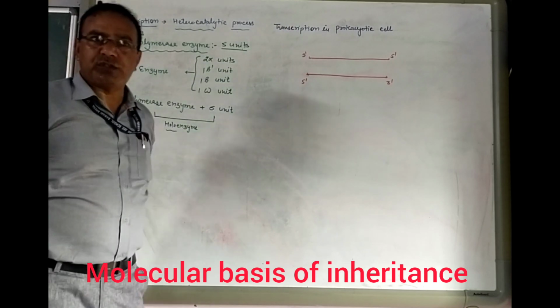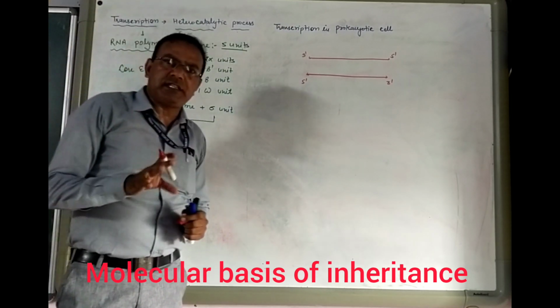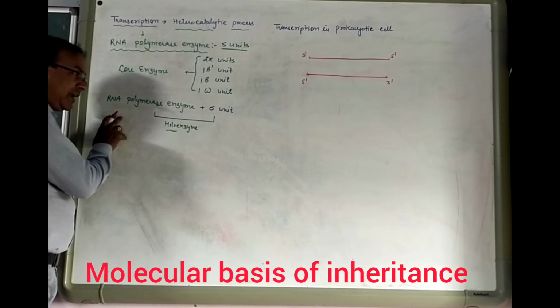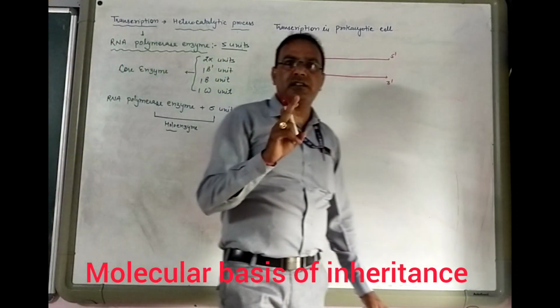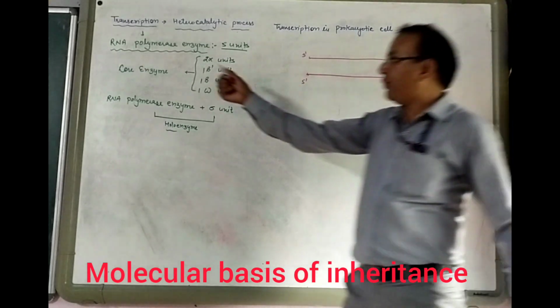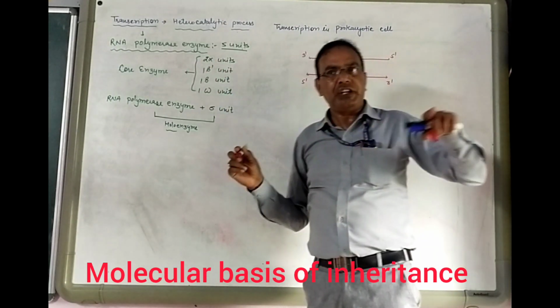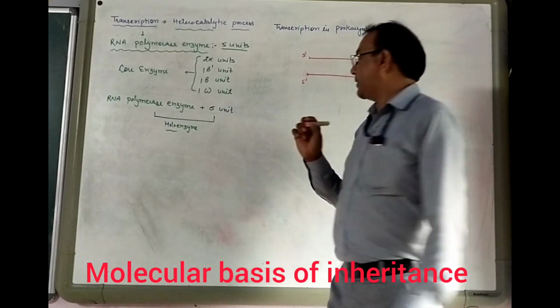Before starting this process, we need to know what the core enzyme is and what the difference is between the core enzyme and the holo enzyme. Firstly, we will take the holo enzyme. Why? Because the RNA polymerase only recognizes the site of the promoter from where the process starts. This is the role of RNA polymerase. And the sigma unit initiates the process of transcription in a sequence manner.